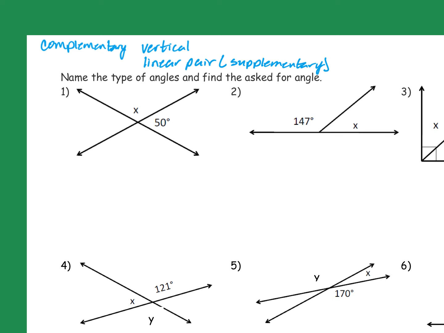Okay, so we're going to name the type of angles and find the asked for angle. So in number 1, we're looking at these two right here. This angle here and this angle here. What type of angles do they form? Do they form complementary, vertical, or a linear pair?